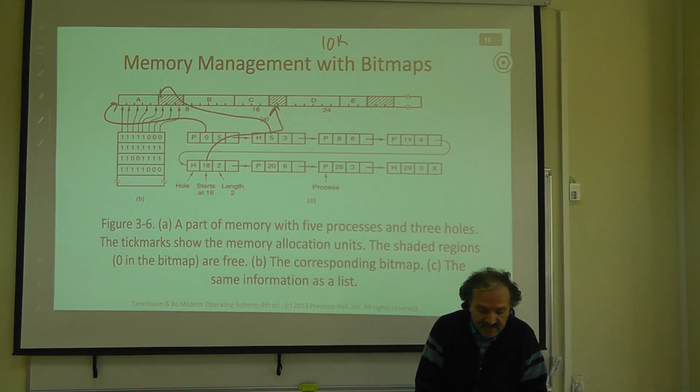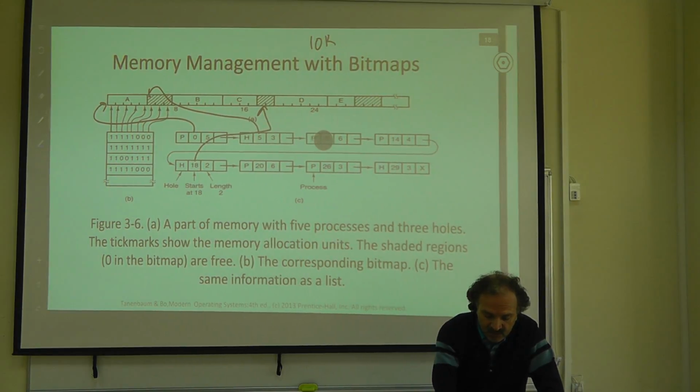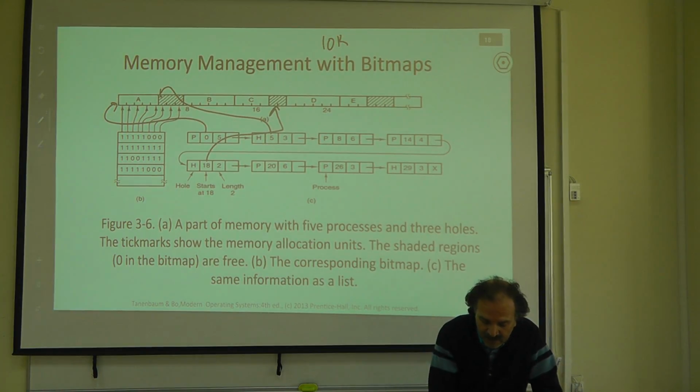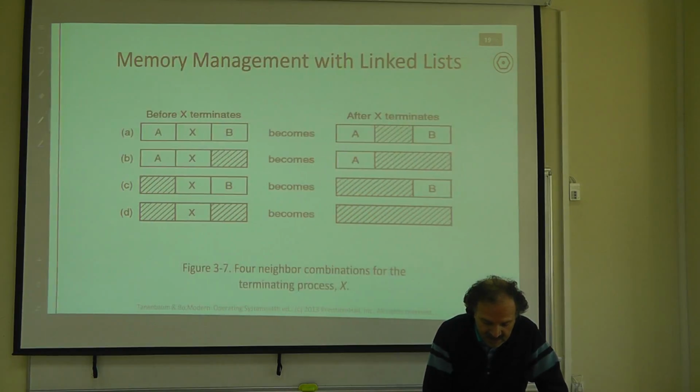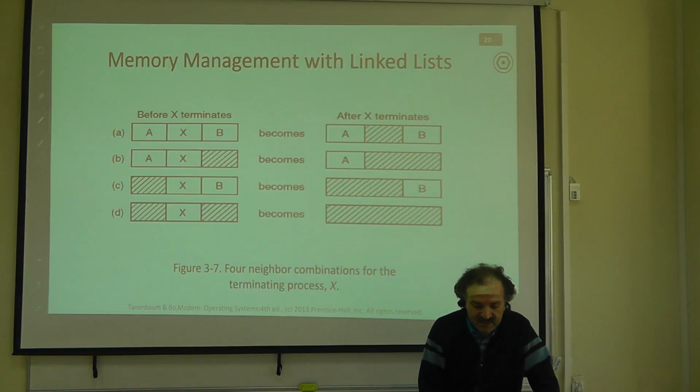When things start getting busier, I will have more nodes. But going over these nodes is not a very difficult thing. It is still expensive, but I can do it with a simple algorithm, and that's called memory management with linked list. So it has both advantages and disadvantages.